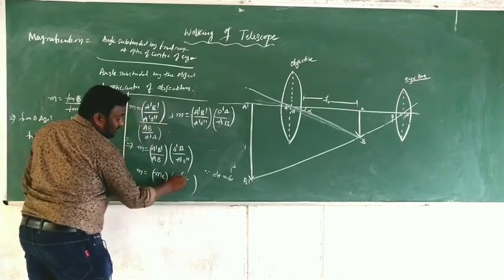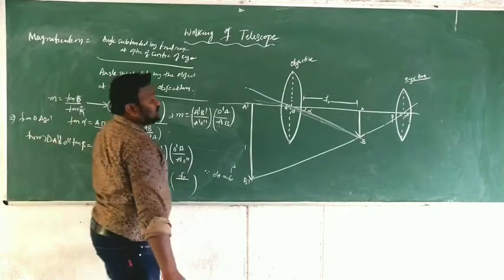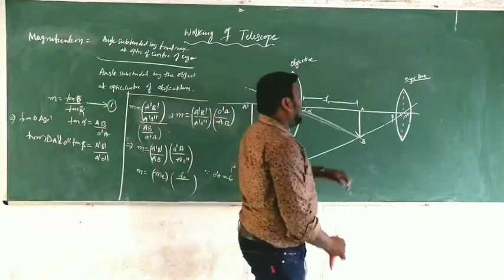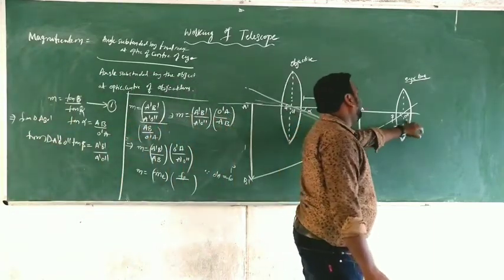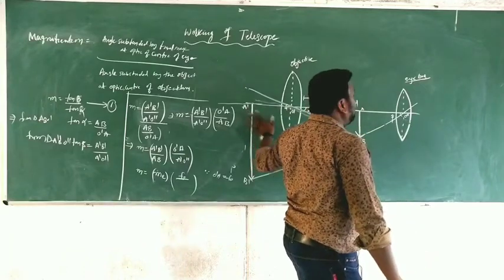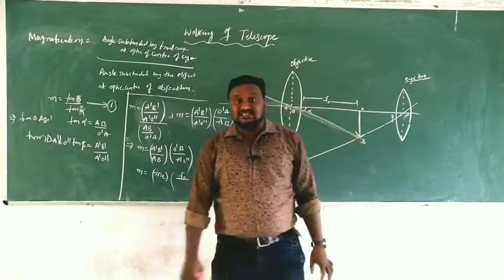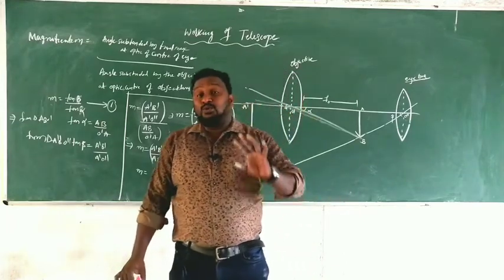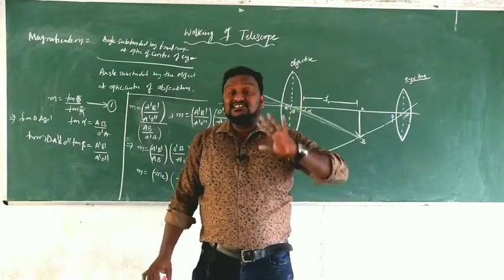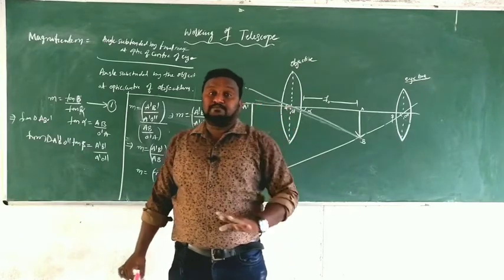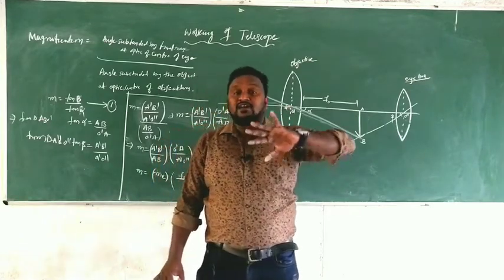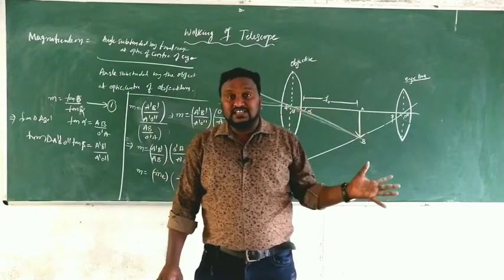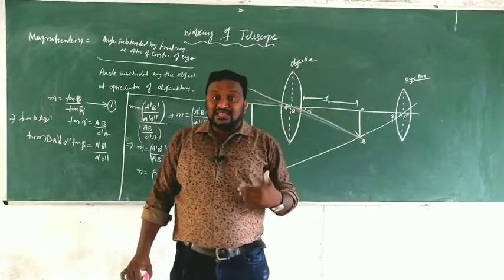Now tell me, what is A dash O double dash? That is the final image distance. I already told you, we know the least distance of distinct vision, the point at which our eye is very comfortable to see the image very clearly.